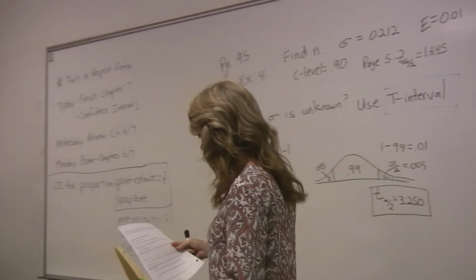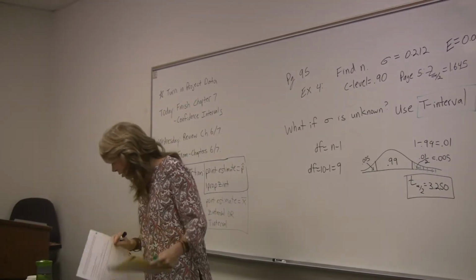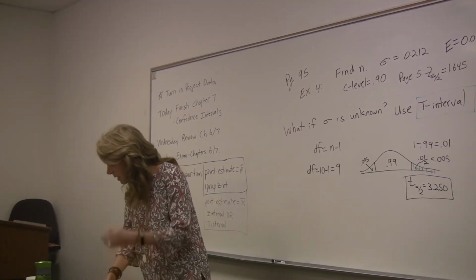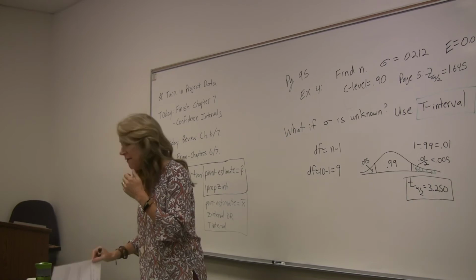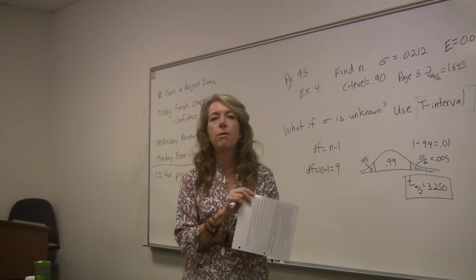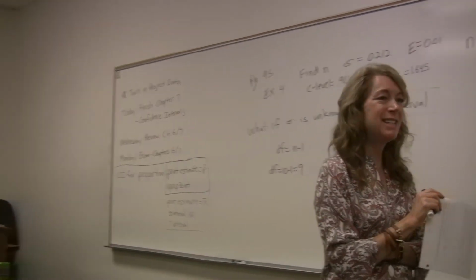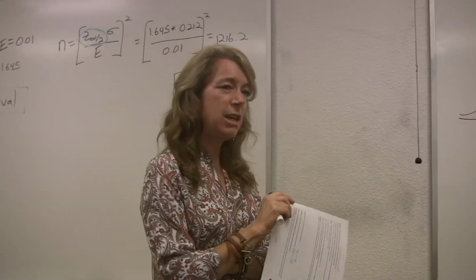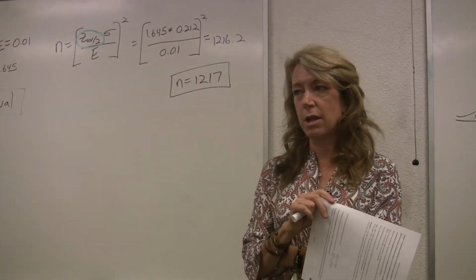Okay, so what I want to do now is talk about page 96. I don't want to do example 7, 8, and 9. I want you to read all three of them though and decide if you would do Z interval or T interval for each one of those.